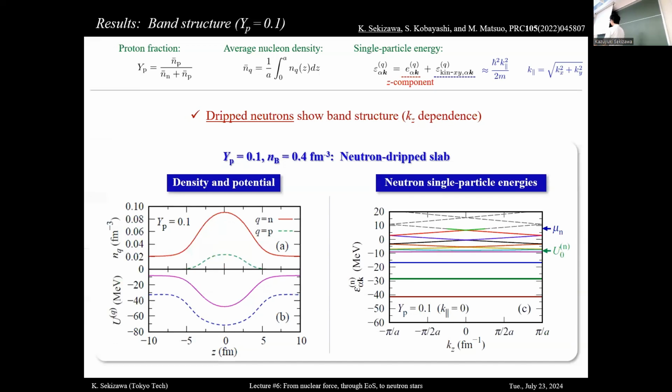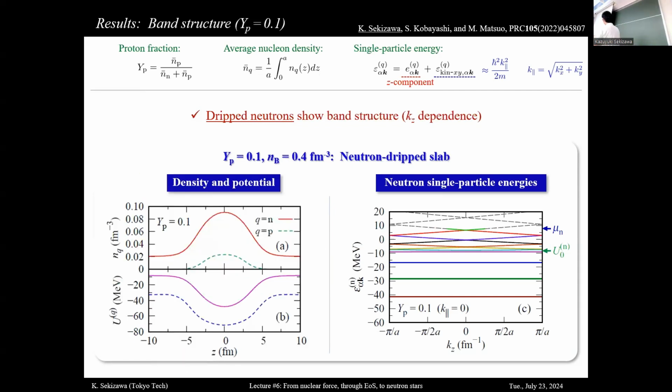On the other hand, if we increase the number of neutrons or reduce the proton fraction, then we will have these dripped neutrons outside of the slabs, and the potential changes like this. The protons' potential is much deeper because of the excess neutrons.